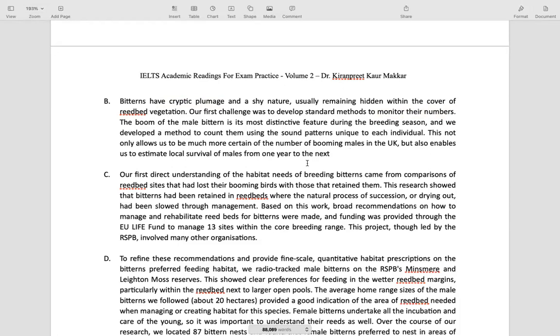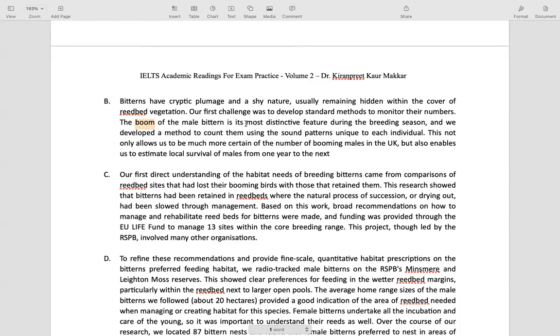The boom of the male bittern is its most distinctive feature during the breeding season. Basically, in the breeding season, the male bittern population has increased. The boom is not increased here. Something else. So what's the meaning of boom here? Read the line.